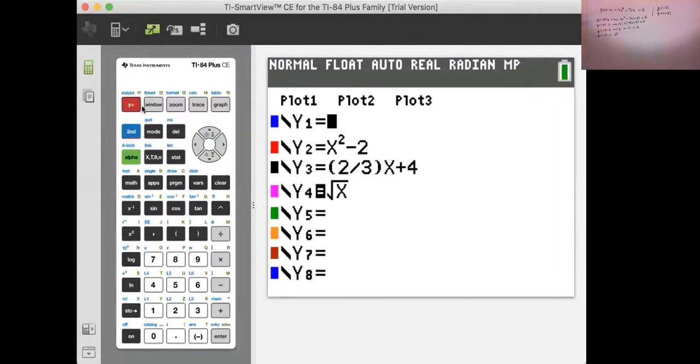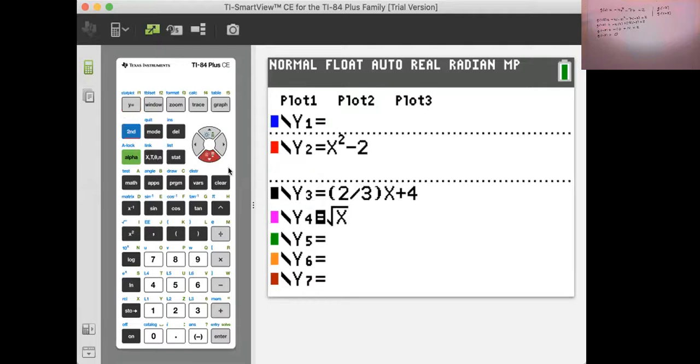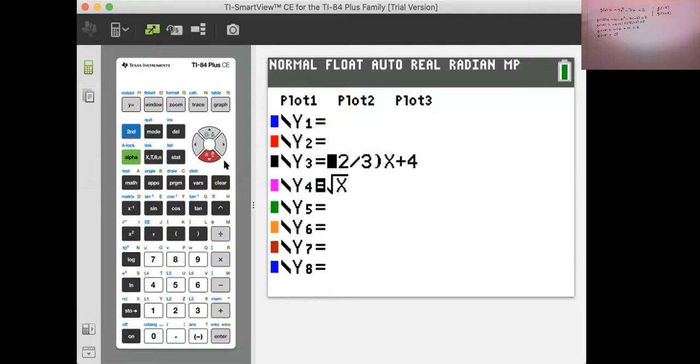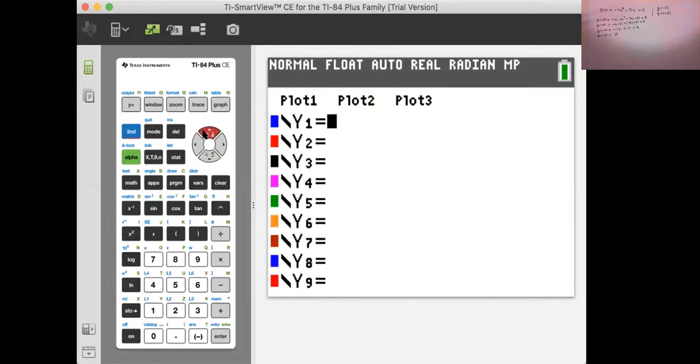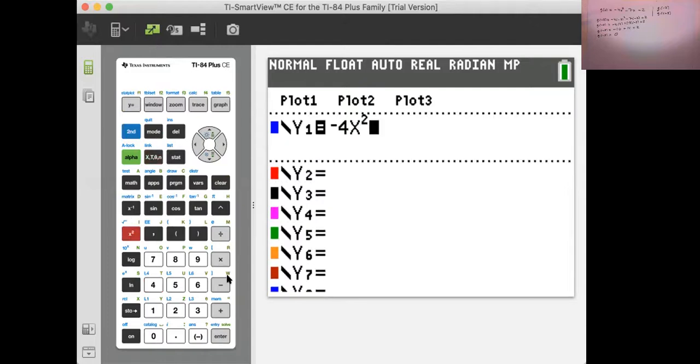What I'll do is put that function in. I'll clear all the things that were there before. The function I want to put in is negative 4x squared minus 7x plus 2. The negative button is down here. Negative 4x squared minus 7x plus 2.